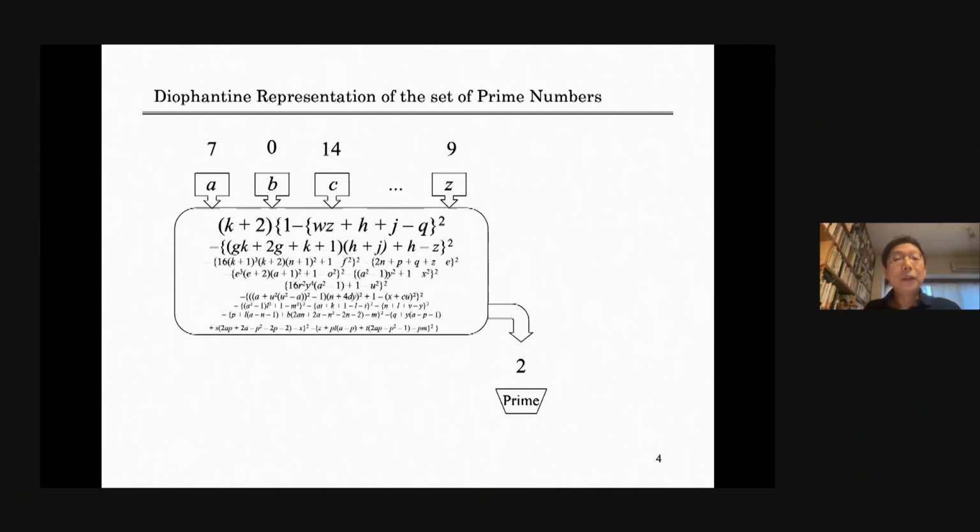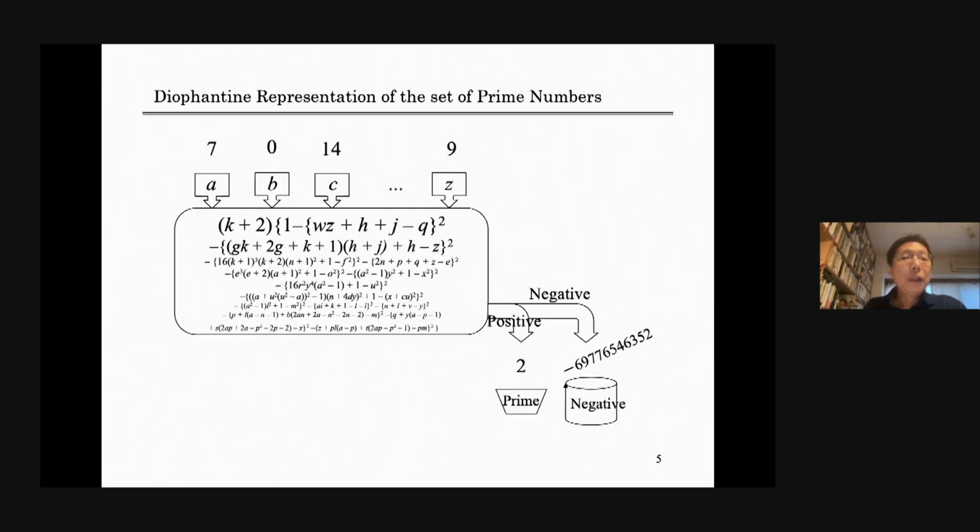What is interesting here is we can get a prime number when we plug in arbitrary numbers for the 26 inputs. More precisely, the value of this formula is a positive prime number or a negative integer.